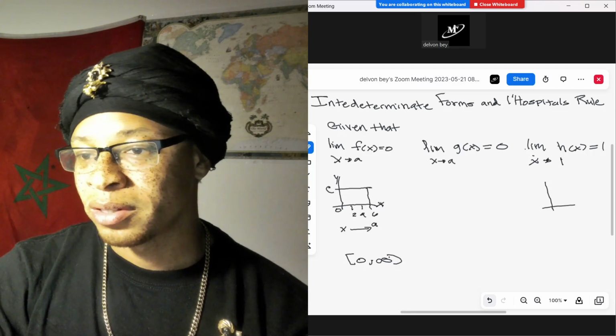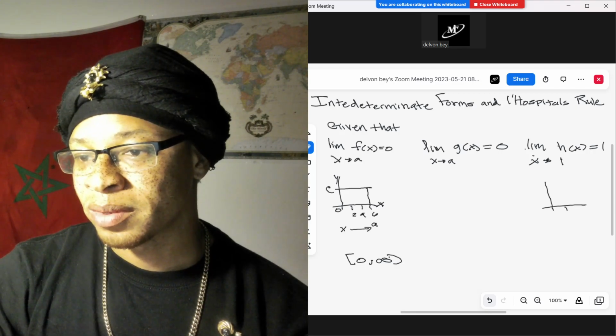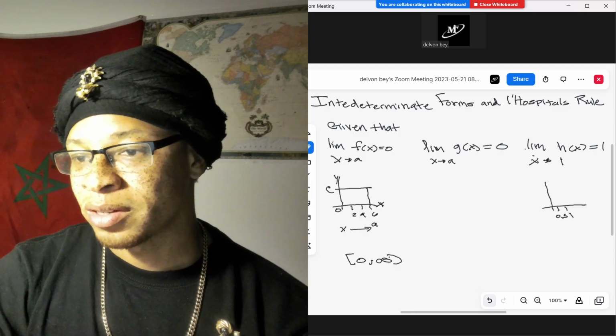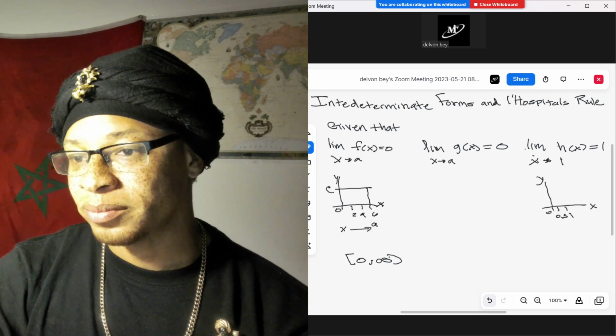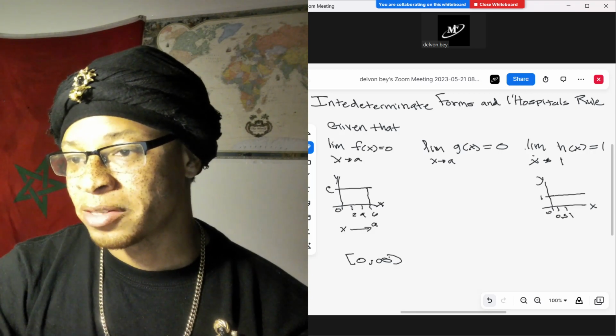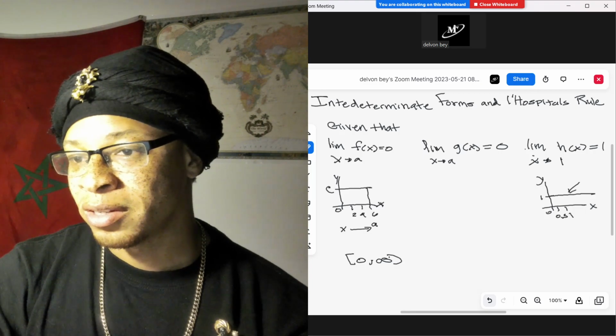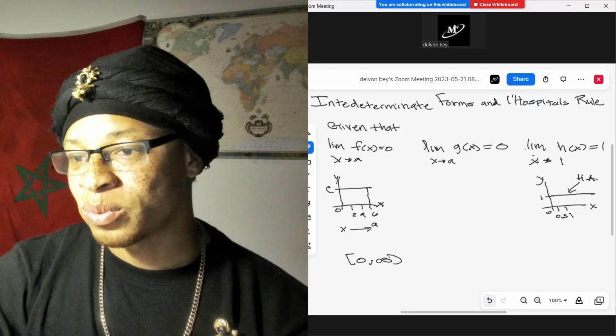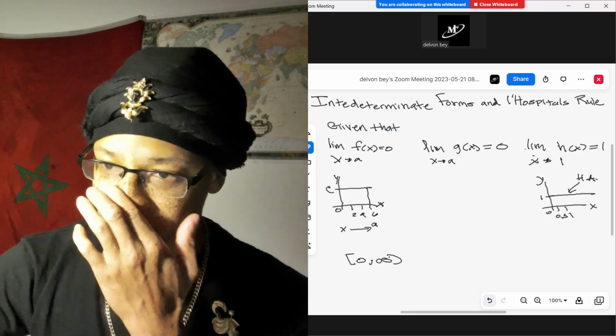Here's 0.5, here's 1, and here's 0, with x and y axes, and the curve we're going to create is 1. This is a horizontal line, but it's not going to infinity.